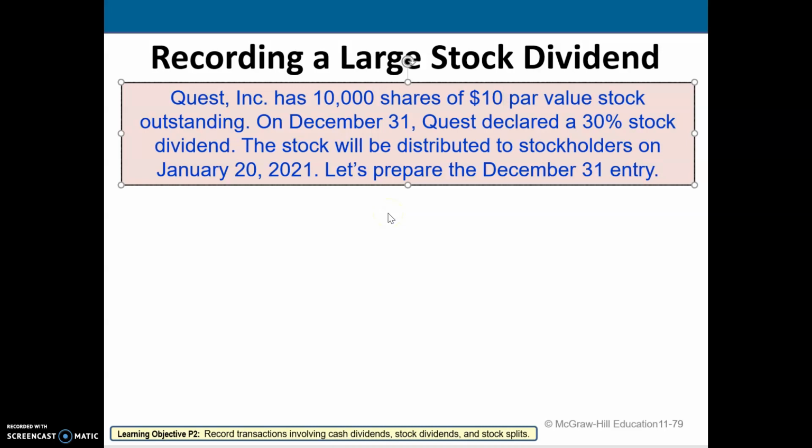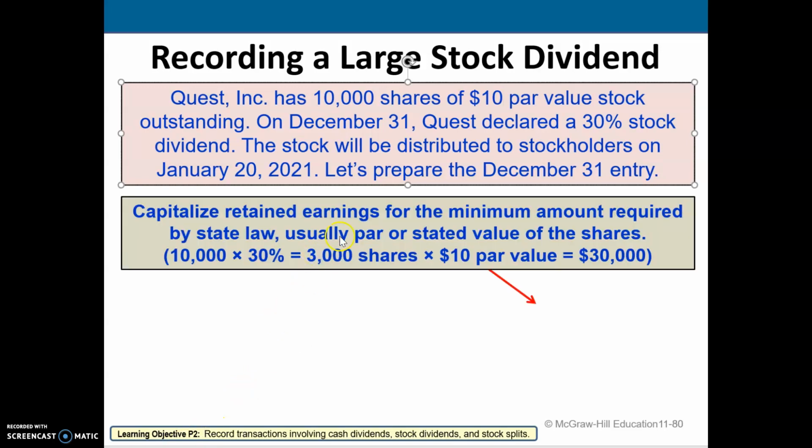Instead of recording the dividend at the market value the way we did with the small stock dividend, now we're going to record it at the par value. So the 3,000 shares in the dividend multiplied by the $10 par value is 30,000, the amount that's going to come out of retained earnings.